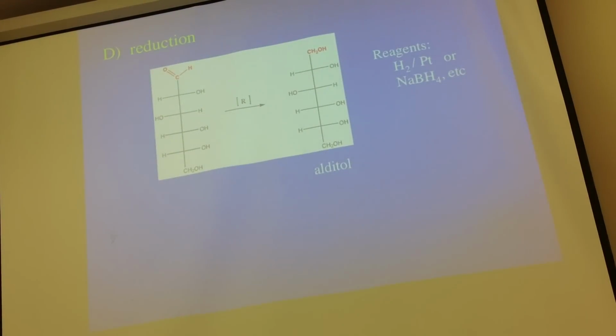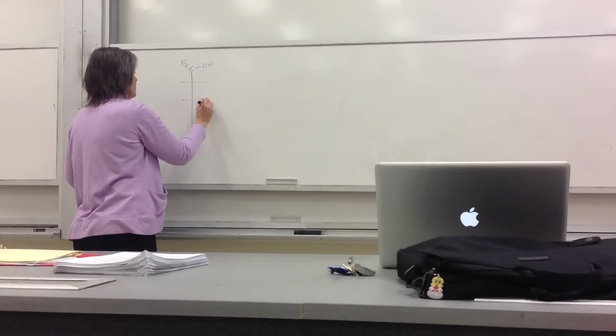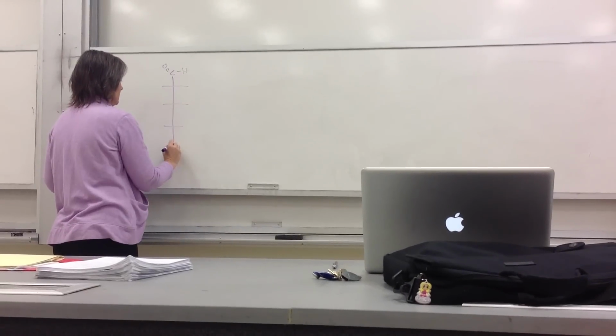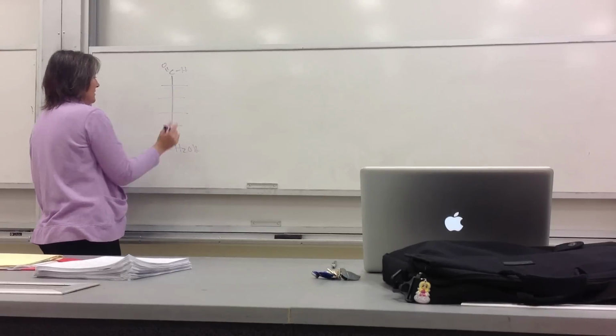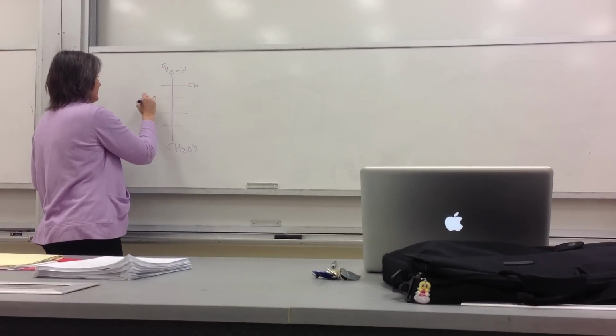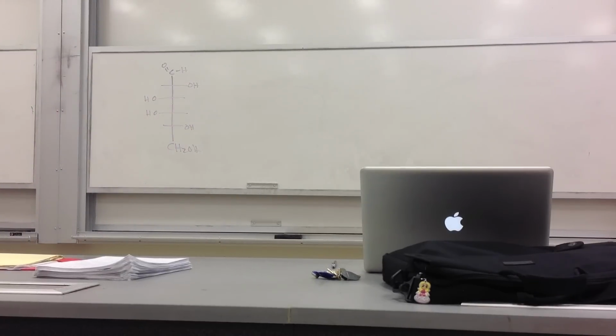Now, as far as why you would want to do this, let's say you have an unknown sugar. I take this unknown sugar. I have no idea what it is, but I'm trying to figure it out. Let's just draw this. You don't need to draw it, but you'll see why it works. Now pretend I didn't know this was my sugar.